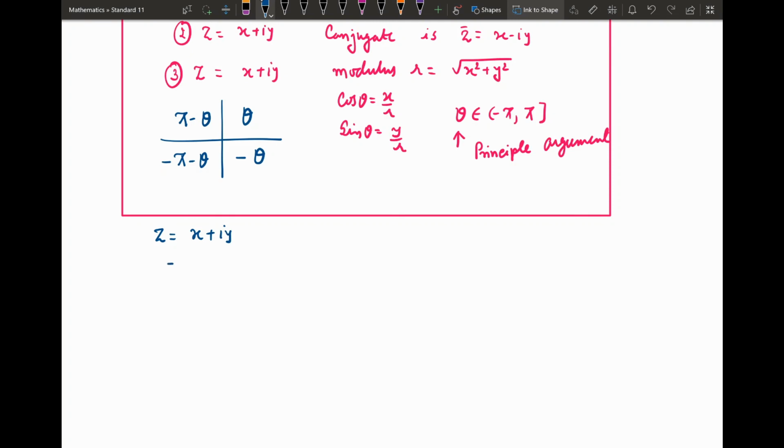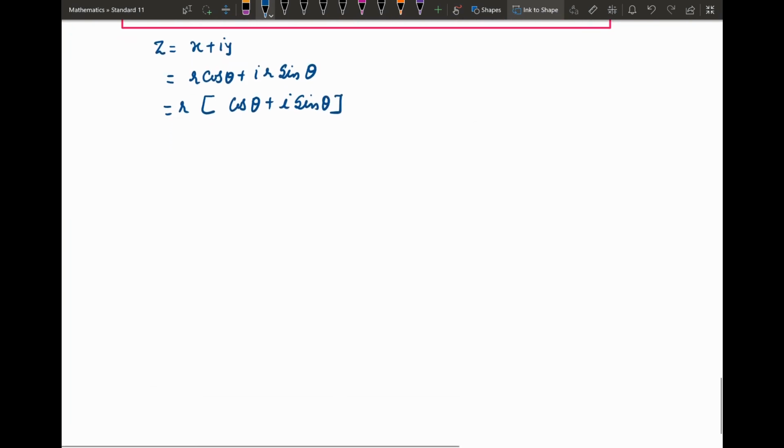And finally, for a complex number x plus iy, if we put x equal to r cos theta plus y equal to r sin theta, we take r common, so r into bracket cos theta plus i sin theta, where theta is the principal argument.